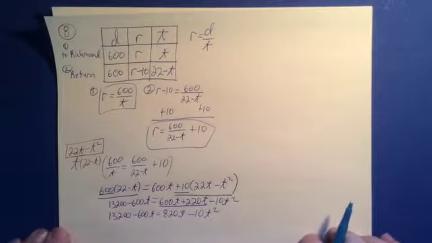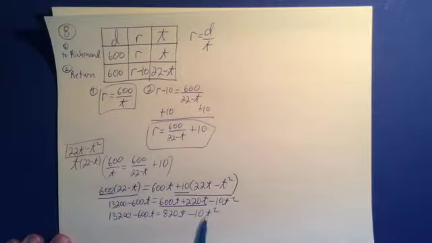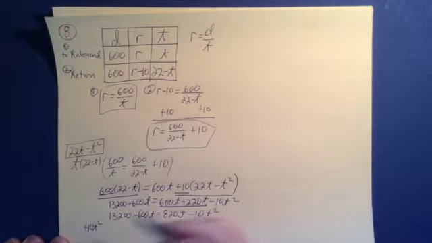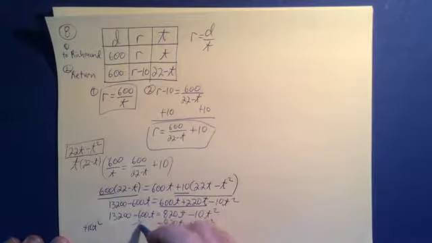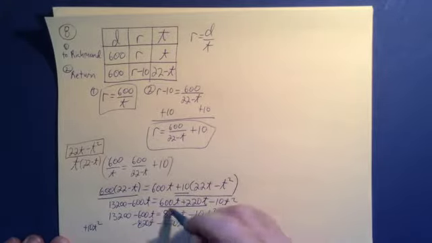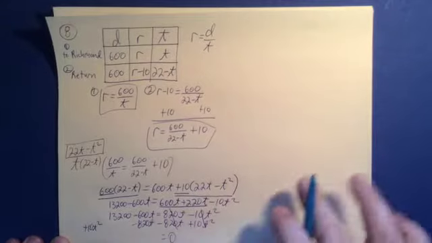And just like we've done in other parts of the problem before, I want this t squared term to be positive, so I'm going to add 10t squared to the other side. I'm going to subtract 820t from both sides. So this is going to reduce to 0.